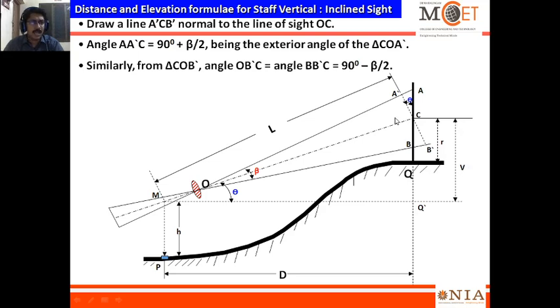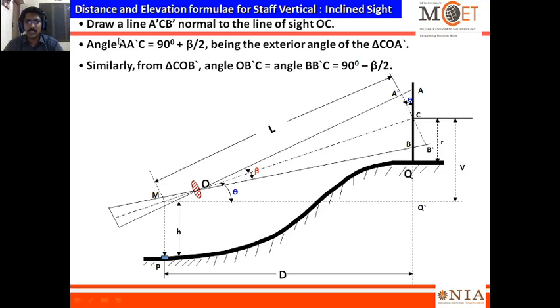V. And this becomes a right angle triangle, and this becomes theta, and its exterior angle also becomes theta. We will see how it is. Now we need to determine the distance D, right? So that is the ultimate aim by the concept of tachometric principle.